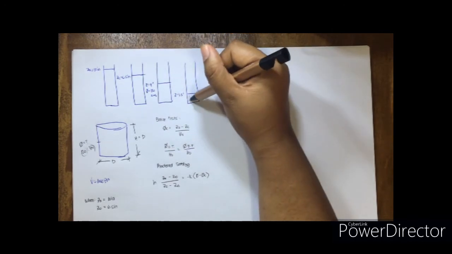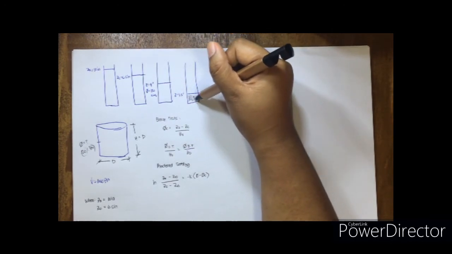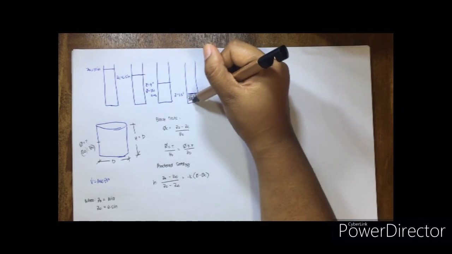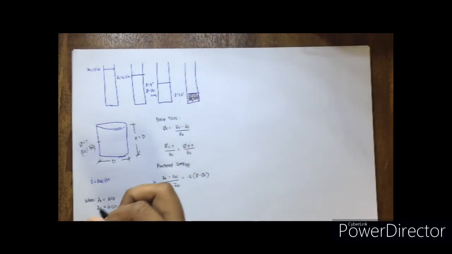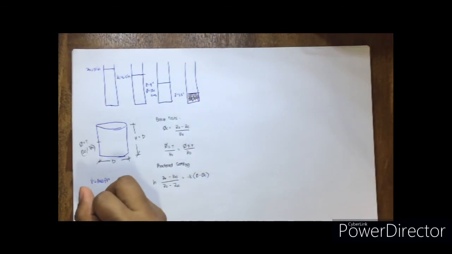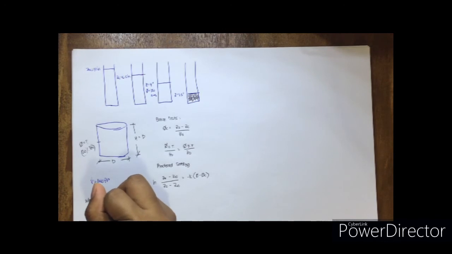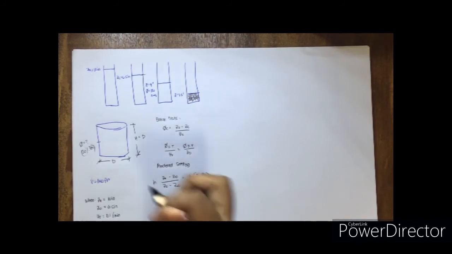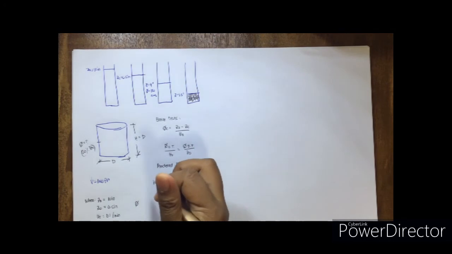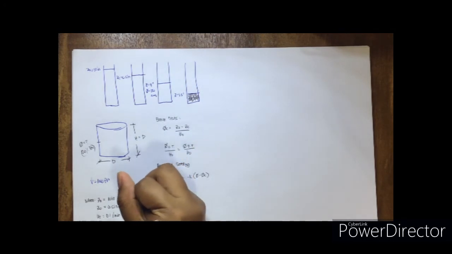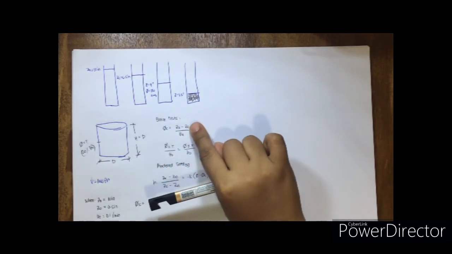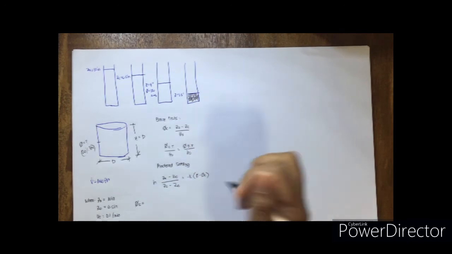The one that settled completely is this illustration, and our rate is 0.1 per minute. So getting the time, we will be using this formula kasi nasa free settling period pa tayo.